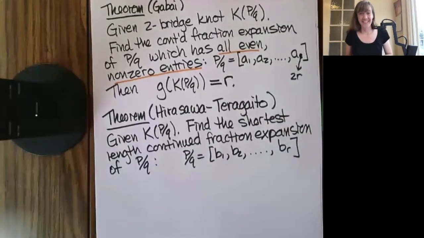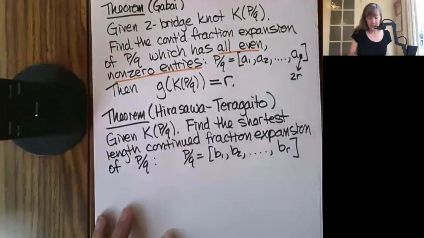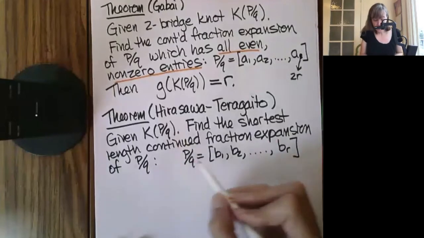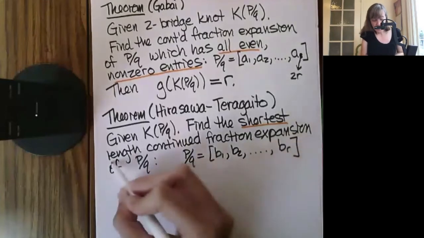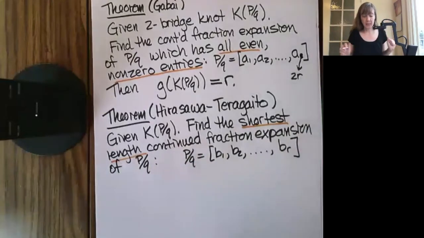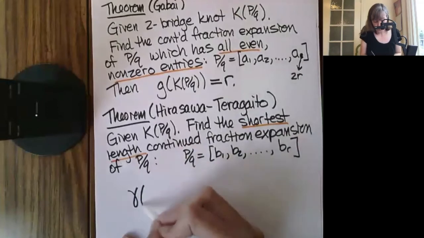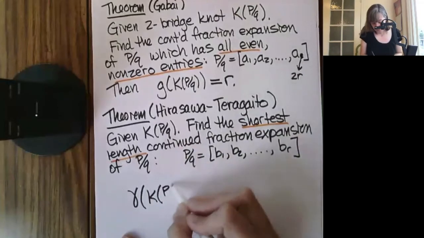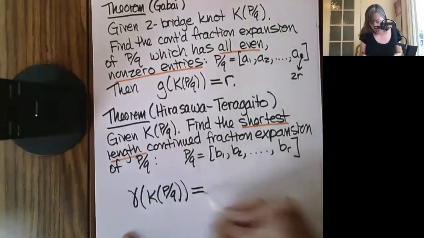Okay, so here's how this result goes. It says, instead of finding the one with all even numbers, you just need to find the continued fraction expansion that's shortest length, so as short as possible. And then the crosscap number will be related to this as follows.